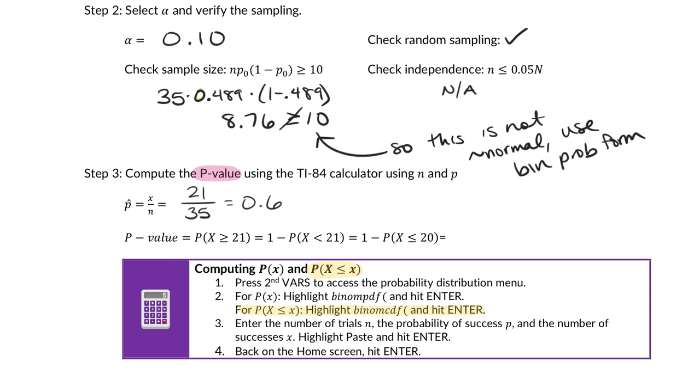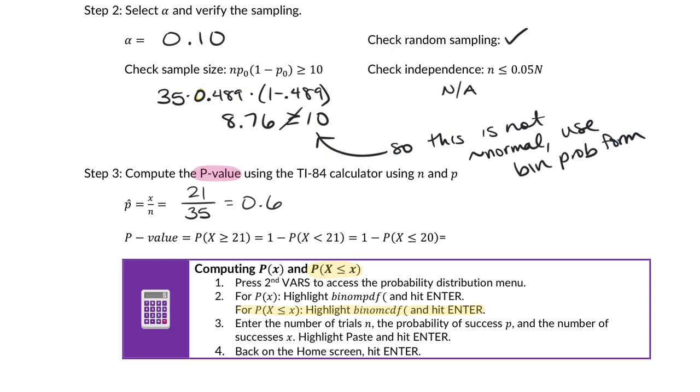After we do this, we're going to enter the number of trials, 35, and the probability of successes, and the number of successes, and hit enter. I'll get on my actual calculator here on my computer in a second, because I don't think my online one tells me.